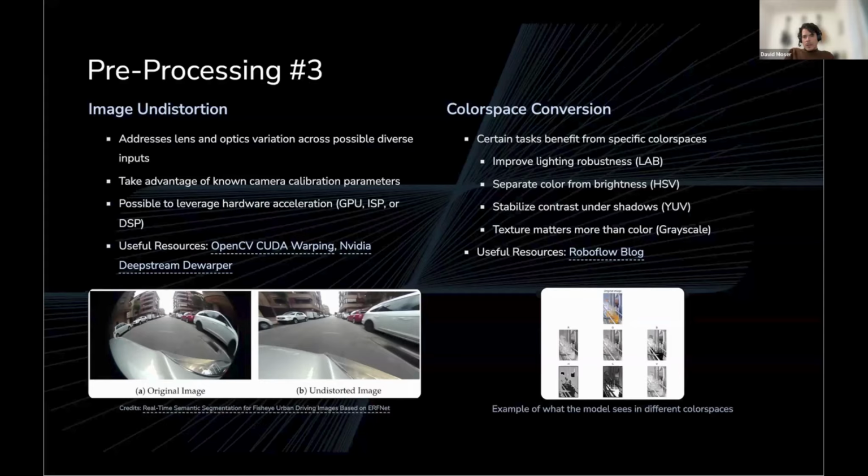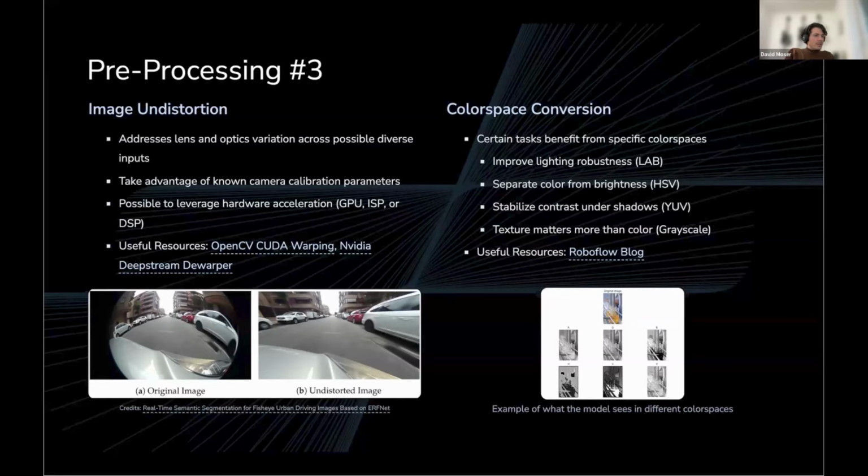Additionally, color space correction or color space conversion can be very interesting, but you should look at this during the training process already, because just training on RGB might not be the best for your specific use case, for your specific domain. It can be that another color model makes your model perform better.